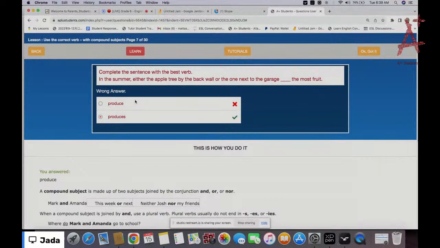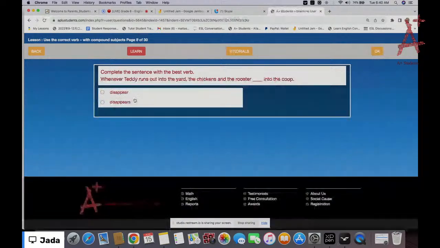But because it has garage, singular, you're going to get a singular verb, which is this one, produces with S. Okay, all right. I do hope that you understand. One more of the questions. When Teddy runs out into the yard, the chicken and the rooster disappear into the coop.